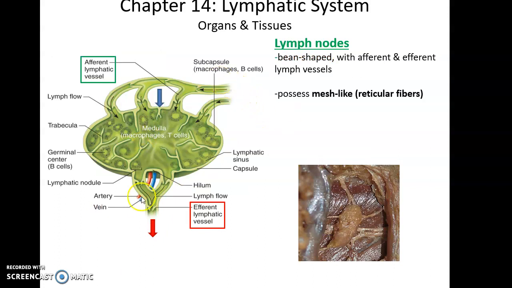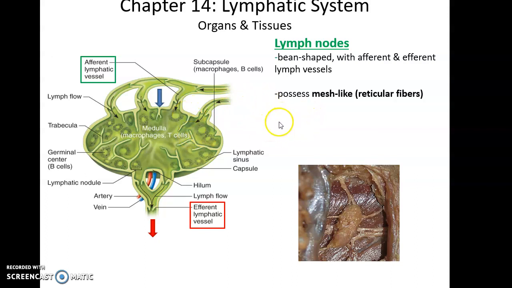Lymph nodes will filter the fluid many times. So the lymph vessels take the lymph fluid through multiple lymph nodes before returning it to the bloodstream. And remember, since the lymph is coming from the fluids of tissues, and one way for bacteria to get into your body is by some sort of injury, often pathogens can end up in your tissues before they get to the bloodstream.